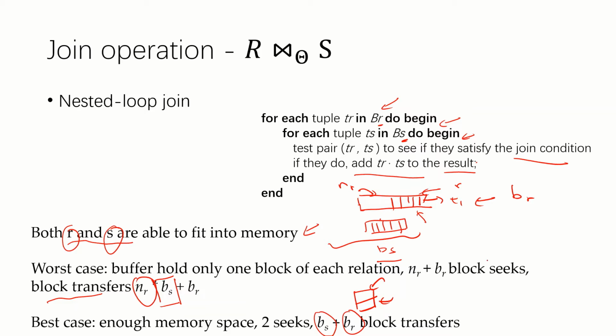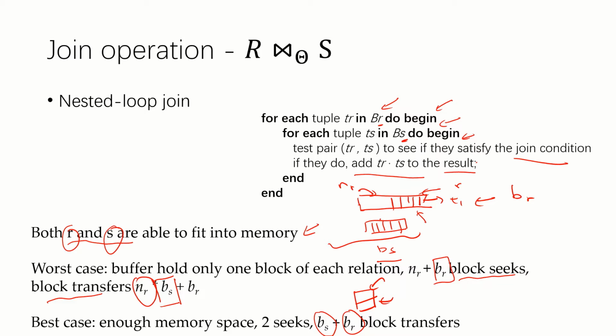How about that for the block seeks? So this will be the number of times you need to access the block. You realize that for the outer loop, I need to access it only the number of blocks of the outer loop, which is BR. So that will be the number of times I need to access the outer loop.